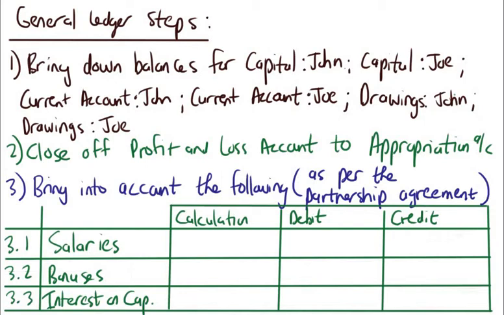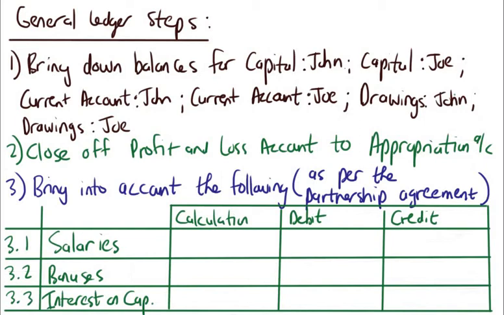So just one point to take note of is that if the partnership had an agreement that a certain partner would receive, say, 10,000 Rand a month as a salary, that 10,000 Rand isn't going to go into the salary account of that partner every month. That 10,000 Rand would go into the drawings account of the partner every month.